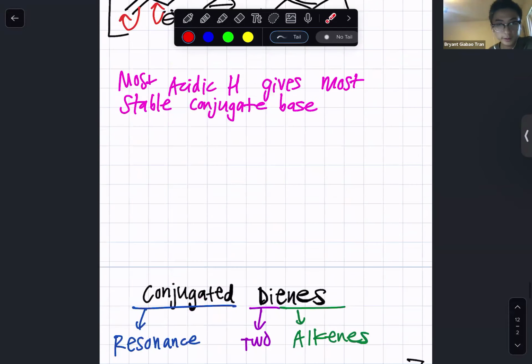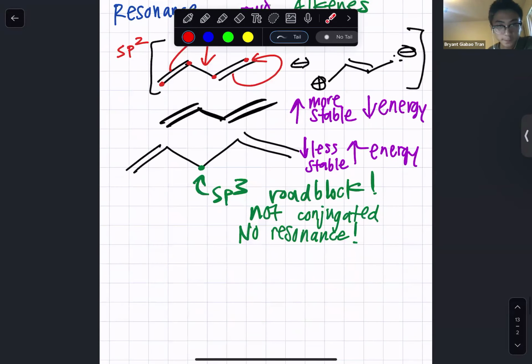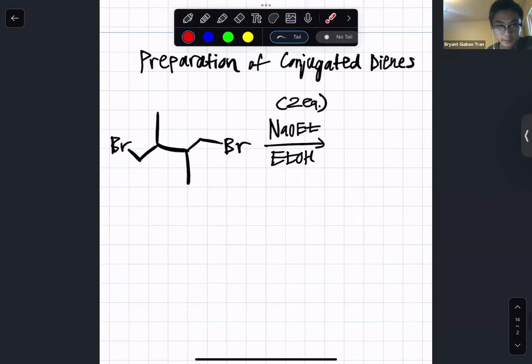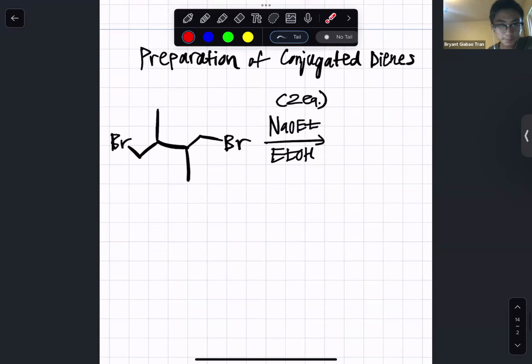Okay. Now this is an E2 reaction because we have a strong base and good leaving groups. And we have two equivalents of it.